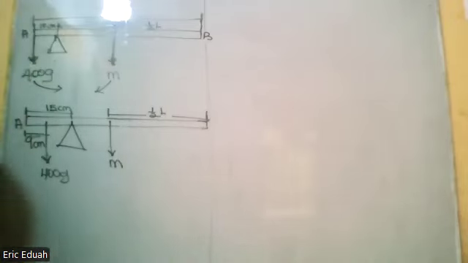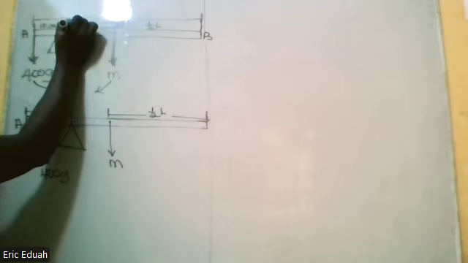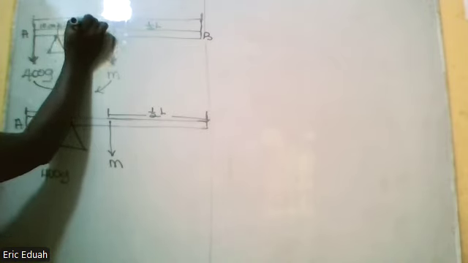Help me out. If the whole distance is L, half L, and this is 10 centimeters from the pivot, what will be this perpendicular distance of M to the pivot? Half of L minus 10. So 0.5 L minus 10.